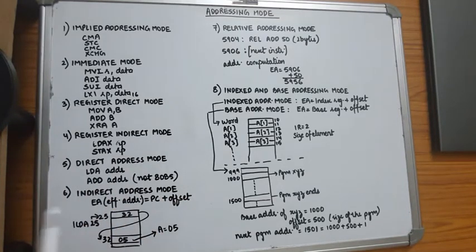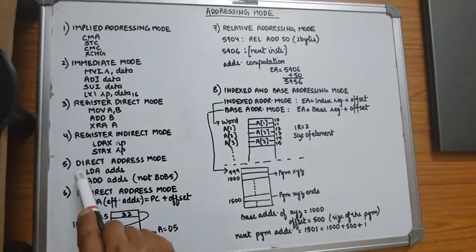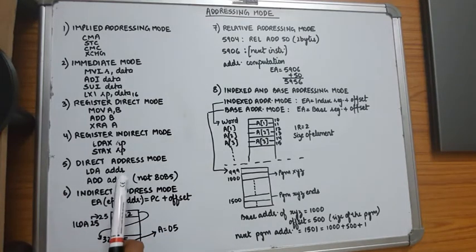Direct address mode, for example, LDA address, ADD address. The LDA address instruction says that whatever address is given here, go to that address, bring the data and load it into the accumulator.